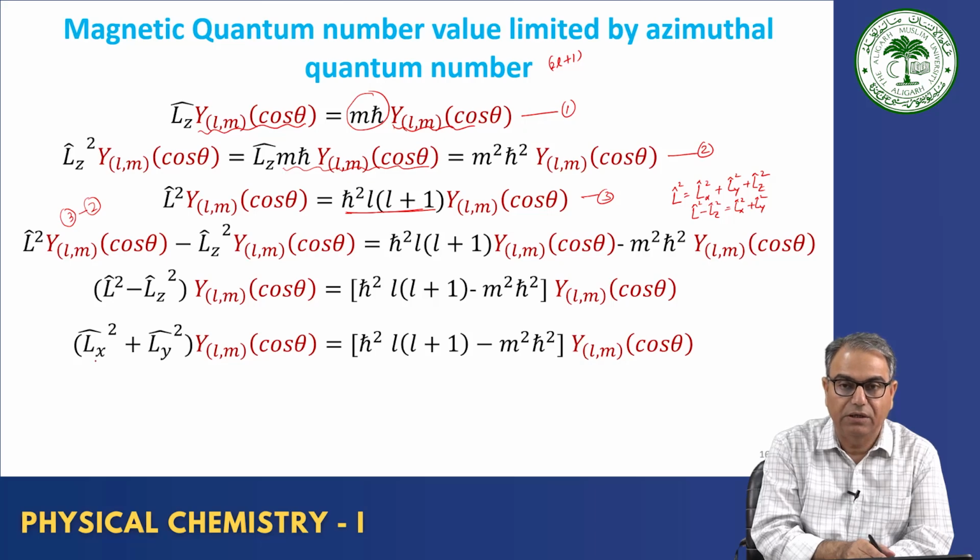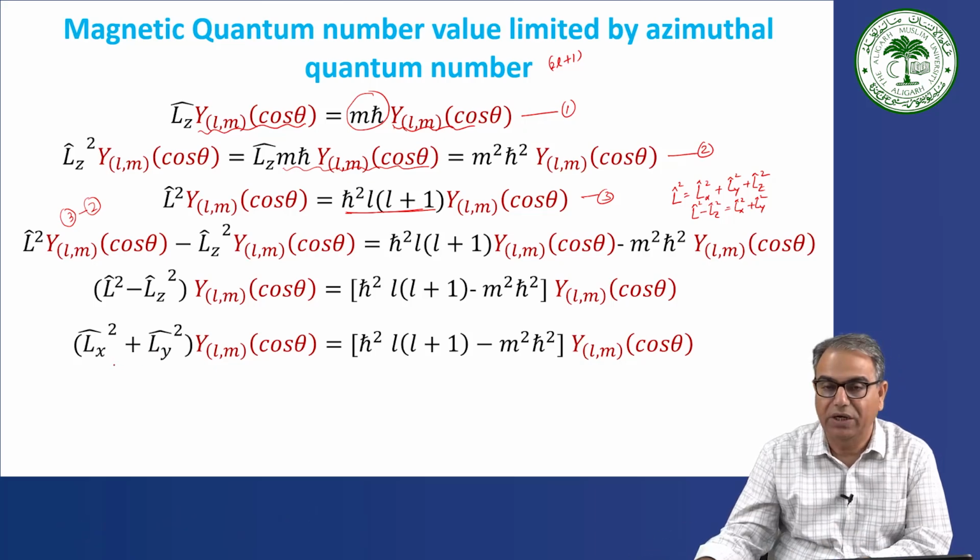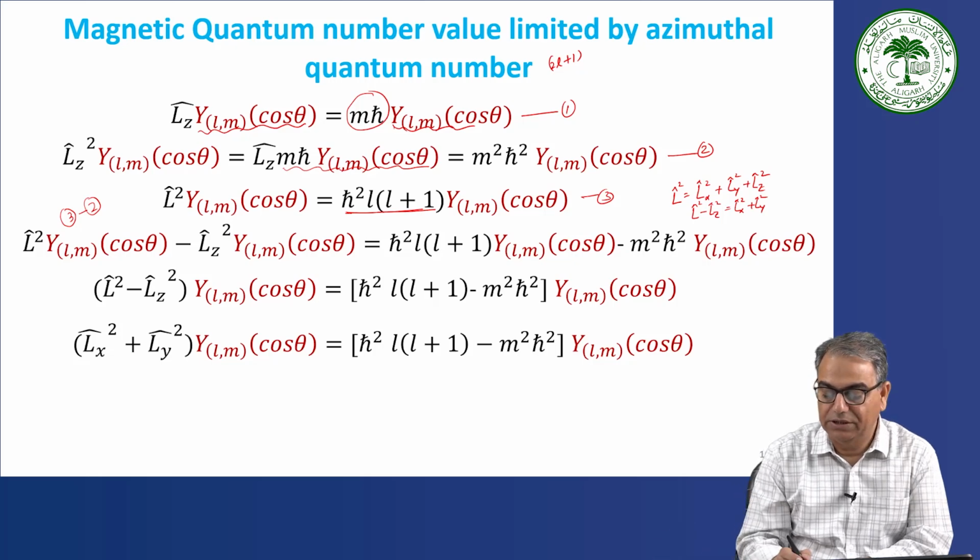Now this is the sum of the squares of the two components, Lx and Ly. So this has to be always a positive number. So this part also has to be a positive number.